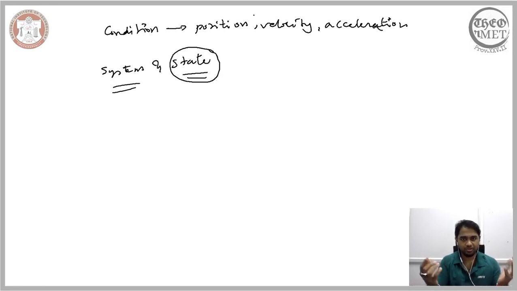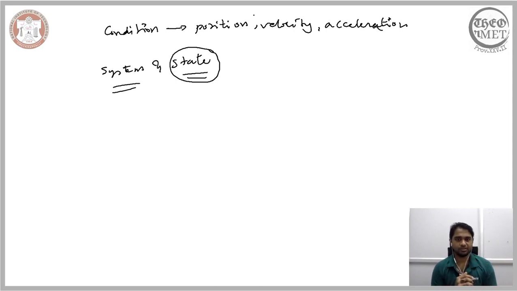In the Newton framework, you have a condition and variables defining it. In the thermodynamic framework, you refer to the condition as state, and you need certain variables to define the state of the system. Now, there are two ways to define the state of the system in the thermodynamic framework.